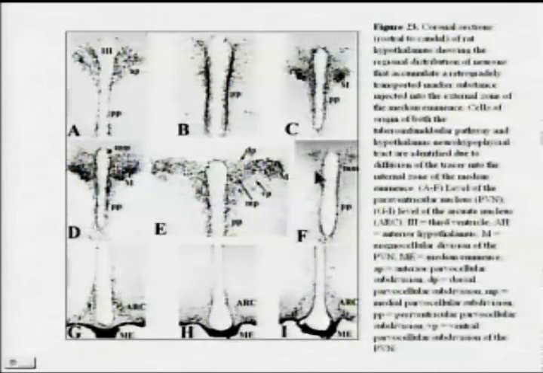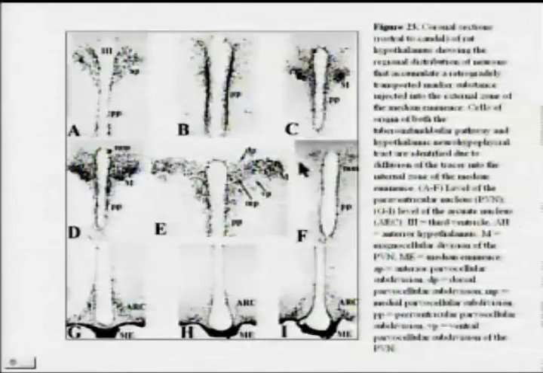As we get to the posterior level of the hypothalamic periventricular nucleus, we notice that the lateral parvocellular subdivision is not involved. We see some of the medial parvocellular and periventricular parvocellular portions are still containing cells projecting to the median eminence, but the lateral parvocellular subdivision does not.